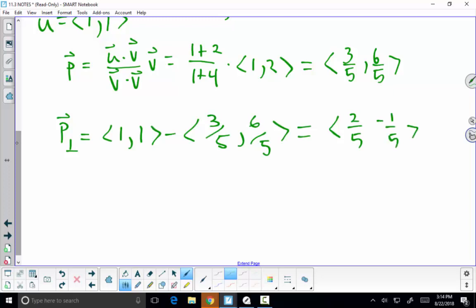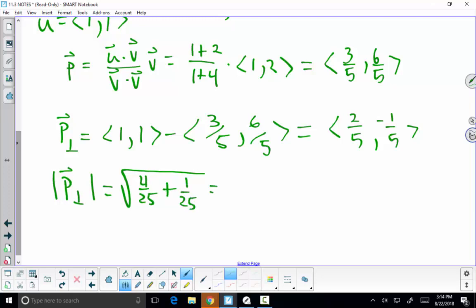Then we're going to find the length of that, and this is our distance. This is the number that you are looking for. 4/25 plus 1/25. That's 5/25. So that's the square root of 5 over 5. So that right there is our distance.